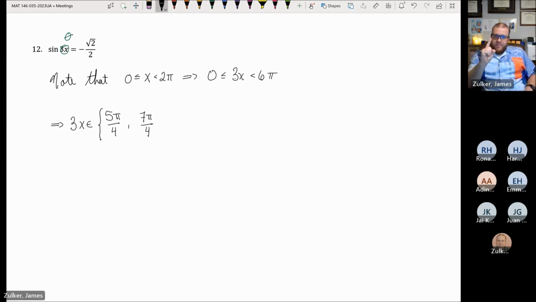But we want all angles between 0 and 6 pi. So add 2 pi to 5 pi over 4.